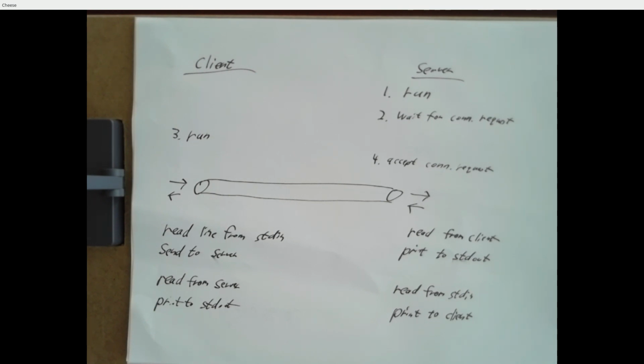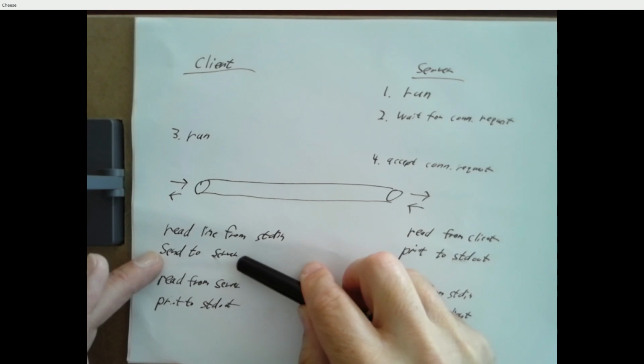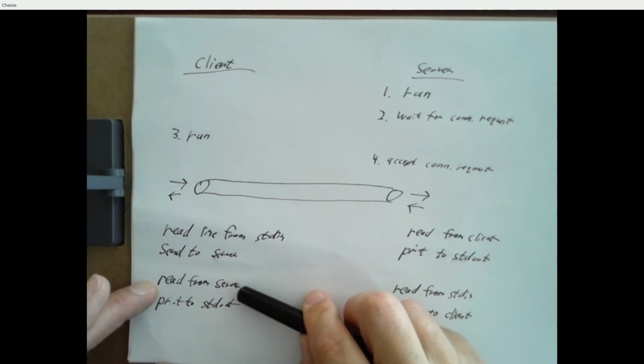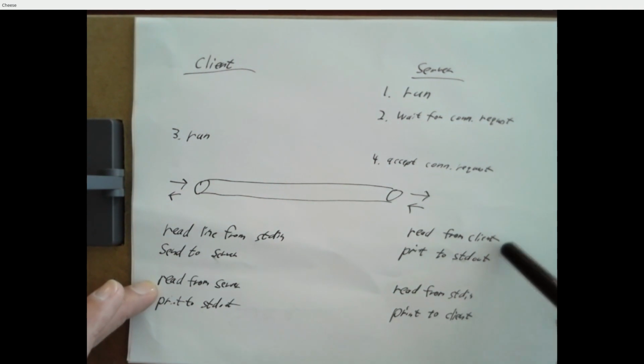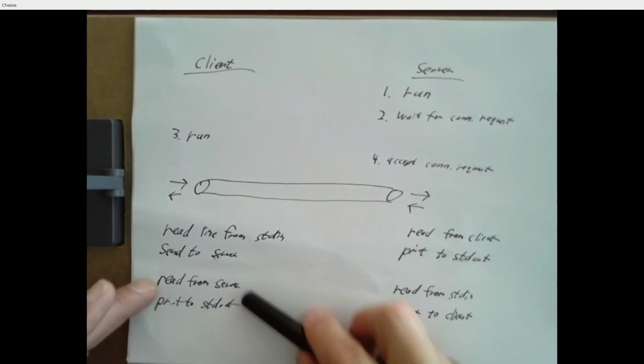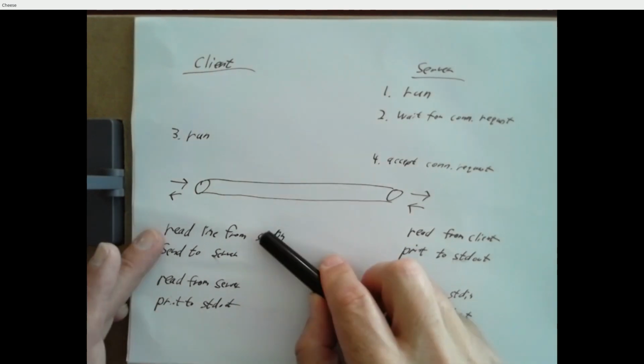Yeah. So the problem here is that these two things are moving in lockstep. On the client side, type something, hit enter, it reads that line, sends it to the server, and now it's waiting to read something from the server. I can't send another message until the server has got something to send and sends it back. Then I'll read from the server, print it to standard out, and come back.